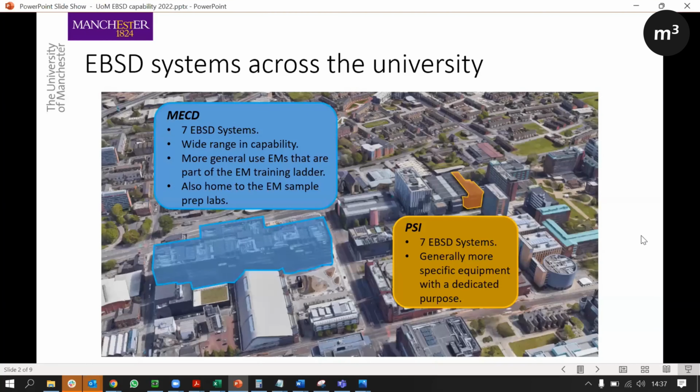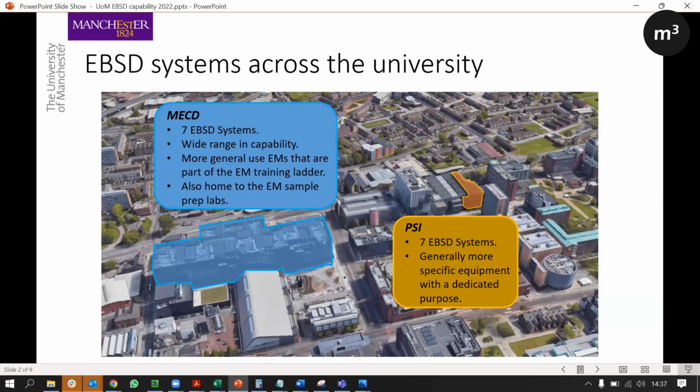So in Manchester, in the EMC, we are very lucky in the number of machines we have. We have 14 systems in total that are capable of doing EBSD, and they are split pretty evenly across our 2 sites. This is a little bit ahead of ourselves because some of these systems are still either being commissioned in MECD or moving there, but in a few months' time this will be accurate.